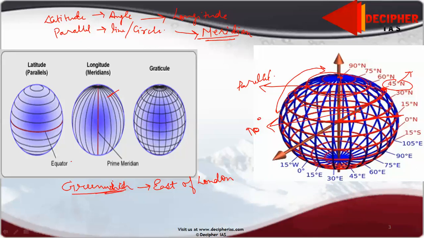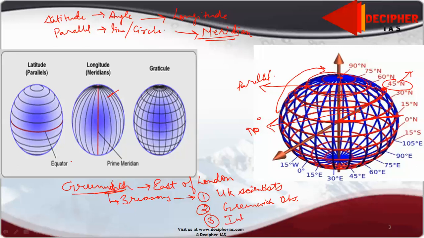Why was Greenwich chosen? It was because of 3 reasons. First reason was that UK scientists had dominance in this field at that time. Other reason was there was a Greenwich Royal Observatory, and third reason was that exactly opposite to this line, that is the Greenwich meridian that we are talking about, we had the international date line.